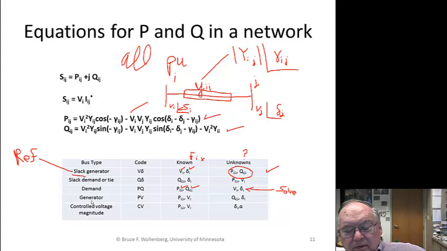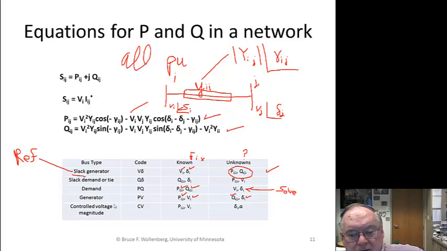The generator bus, we know the P and we know the voltage magnitude. So P is known, V is known. What we don't know is the Q and the phase angle. The reason the generator voltage is known is that the generator internally has a control system that controls the current in the field winding of the generator, and that controls the voltage magnitude on the generator's bus.